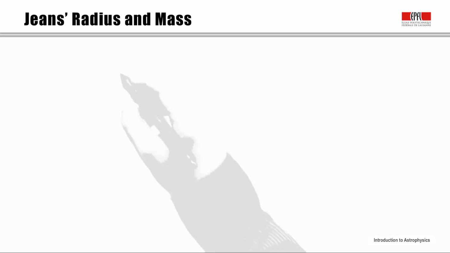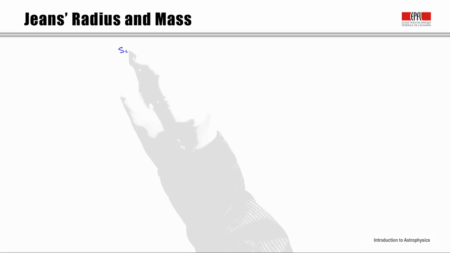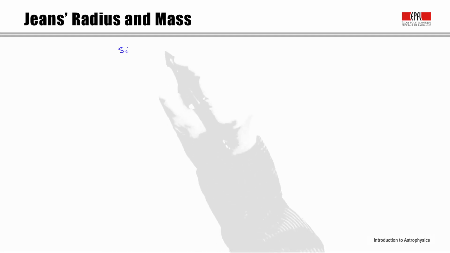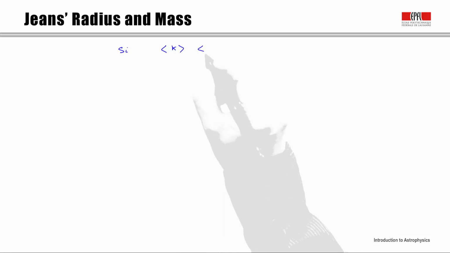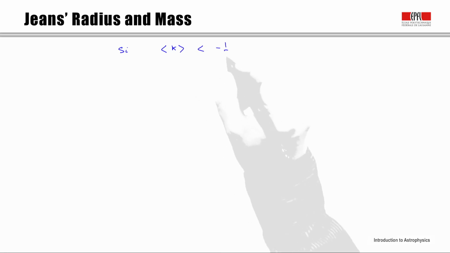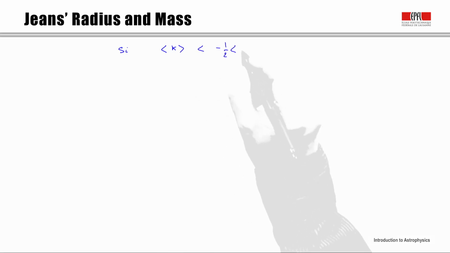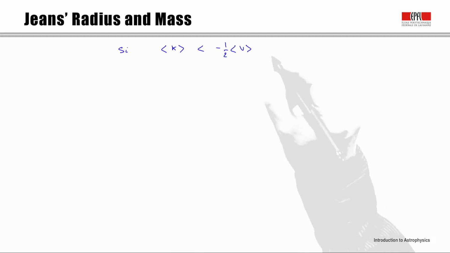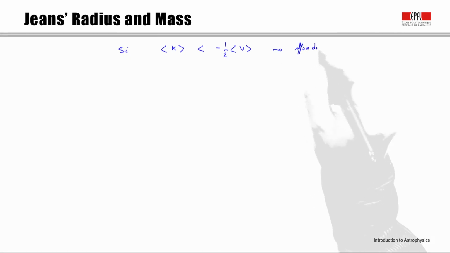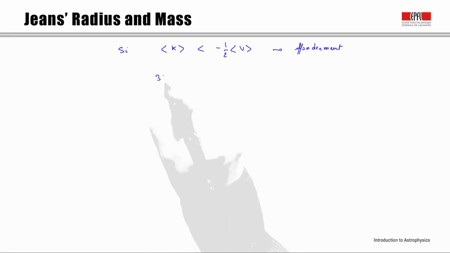As we have seen with the virial theorem, and in particular with the simulation shown in the video 1.4 on the virial theorem, if there is a lack of kinetic energy relative to the potential energy, the gas cloud in this case will start to collapse. Let us take the aforementioned equation.